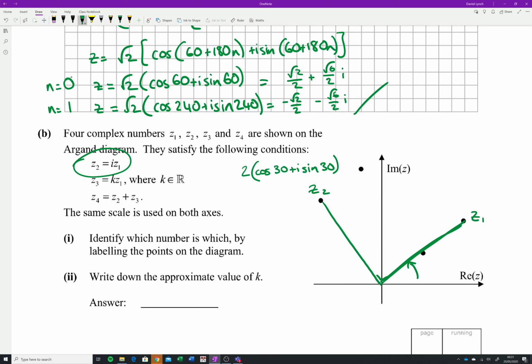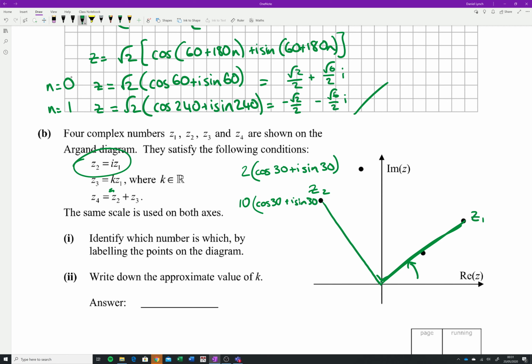Well, if you took Z1 and multiplied by a number, let's say 5, what would happen? This isn't de Moivre's theorem, it isn't raising it to a power. Instead of having 2 cos 30 plus i sine 30, if you multiply by 5, you just have 10 cos 30 plus i sine 30.